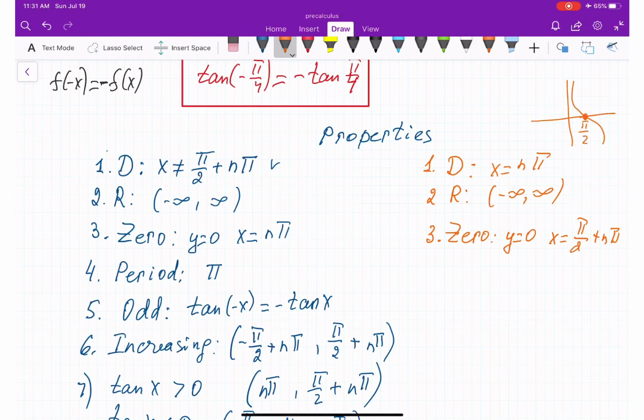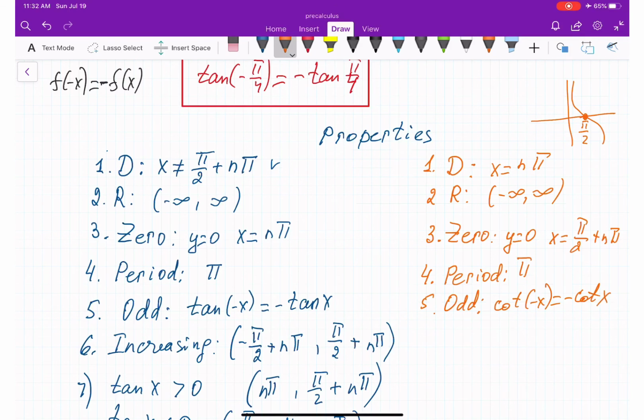And plus n times pi. Number 4, period. Period, we already looked, it's 1 pi. Now, odd. Obviously, cotangent is also odd. Cotangent of negative x is equal to negative cotangent x.